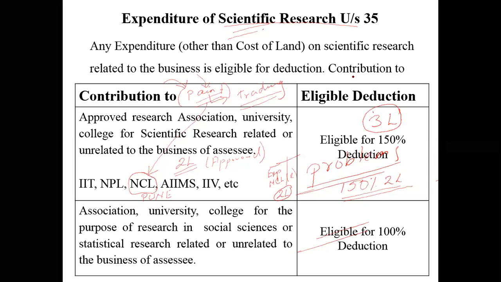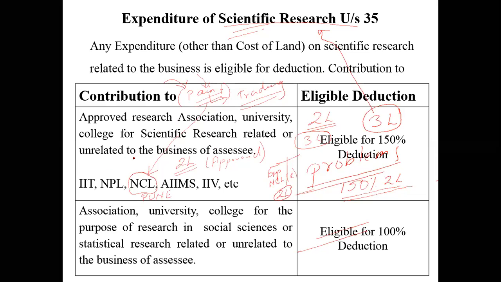Because you have given money for scientific research. By doing so, you are not only going to help yourself, but the entire country is also going to be helped because of this. And as a result, though you have incurred an expenditure of 2 lakh rupees, you can claim an expenditure of 3 lakh rupees. This is an extra benefit that the income tax authority gives you. That is what we call expenditure towards scientific research.